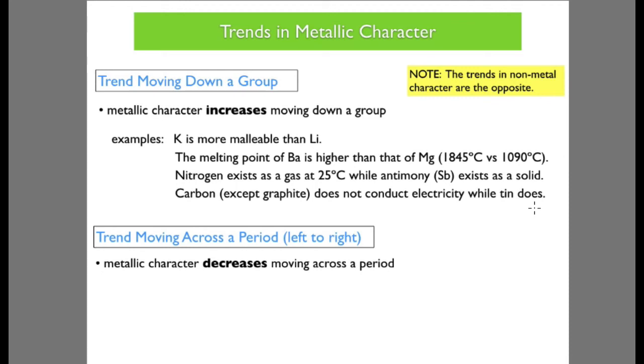So as you go down group 15, you can see you've gone from a gas to a solid. And carbon, with the exception of graphite, doesn't conduct electricity, while tin does. So as we go down these groups, you can see that the elements begin to get the properties that we associate with metals.